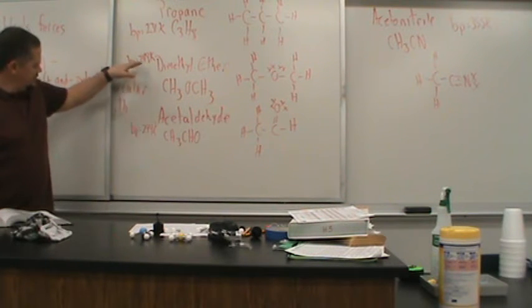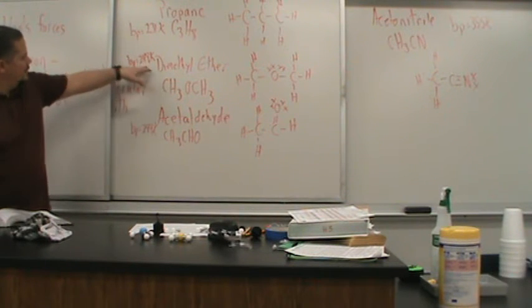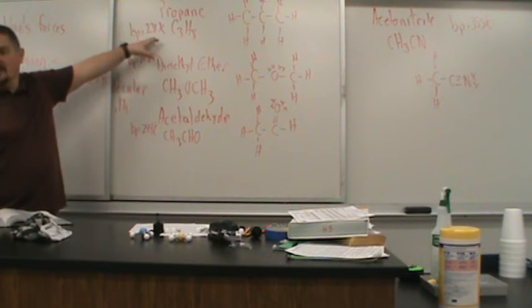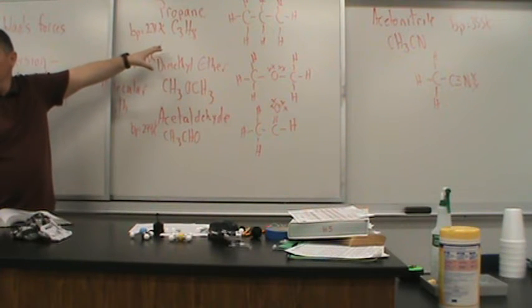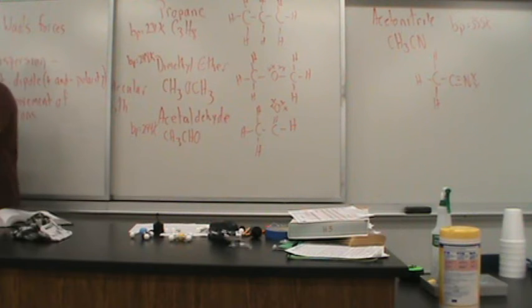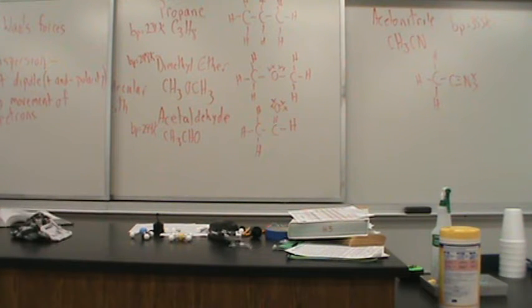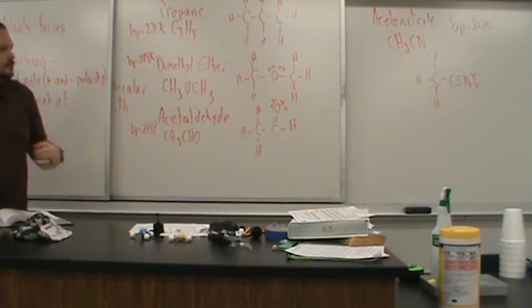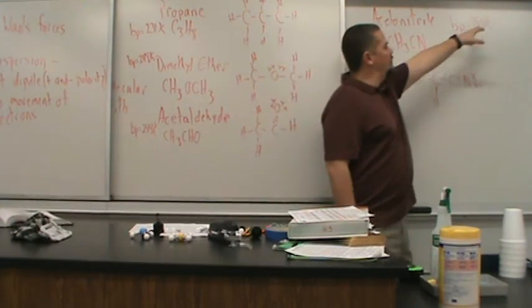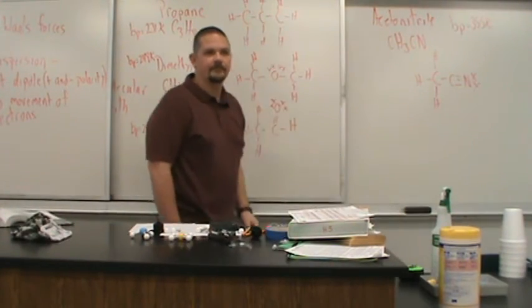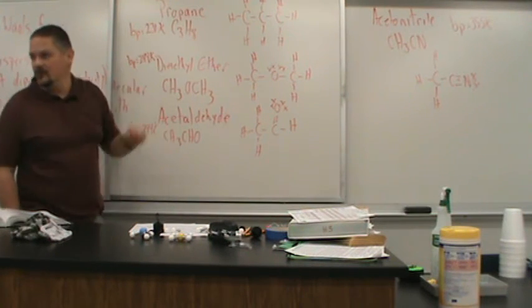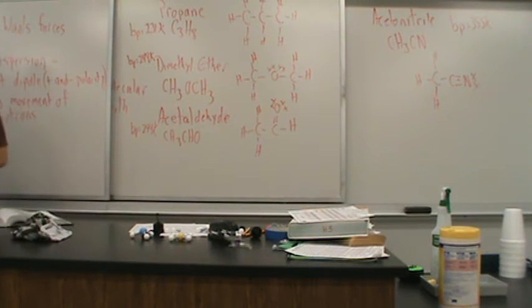So we can kind of see 248, 294. That's a lot higher than 231, right? So when we have an increase in intermolecular forces, our boiling points go up as well. Now look at acetonitrile. This boiling point is 355. Higher than propane, which is down at 231.